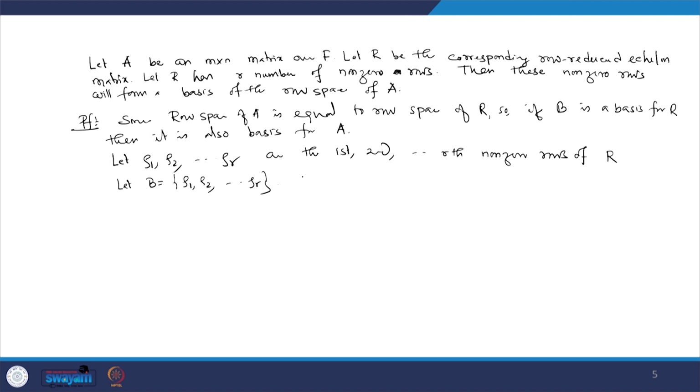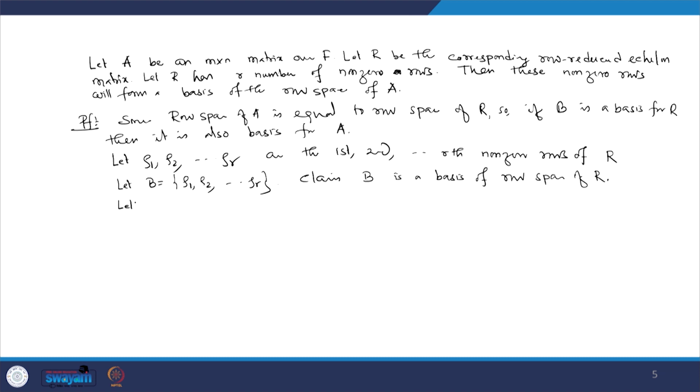Claim: B is a basis of the row space of capital R. I mean to say any element of the row space of R can be written as a linear combination of row 1, row 2, row r.